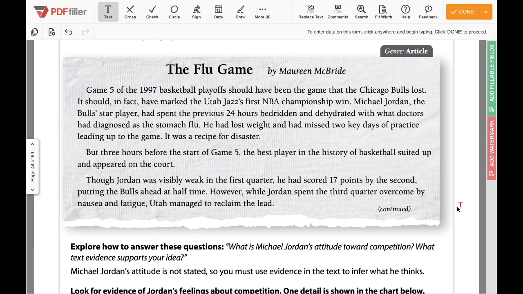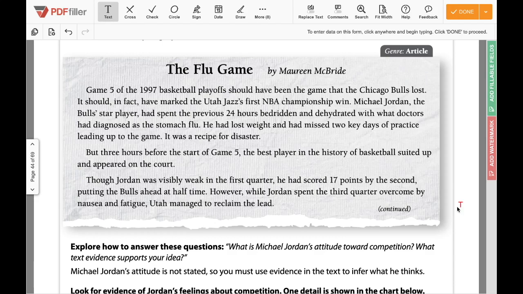Game 5 of the 1997 basketball playoffs should have been the game that the Chicago Bulls lost. It should, in fact, have marked the Utah Jazz's first NBA championship win. Michael Jordan, the Bulls' star player, had spent the previous 24 hours bedridden and dehydrated with what doctors had diagnosed as the stomach flu. He had lost weight and had missed 2 key days of practice leading up to the game.